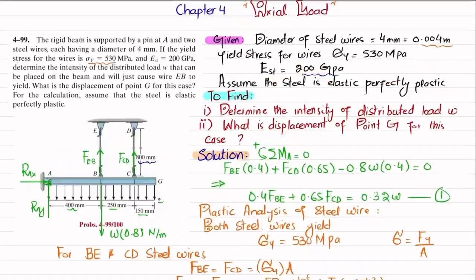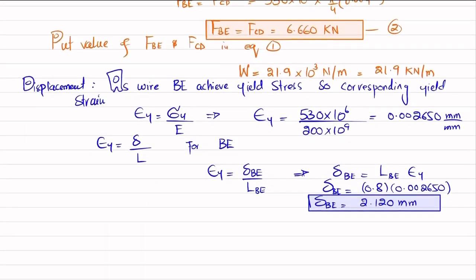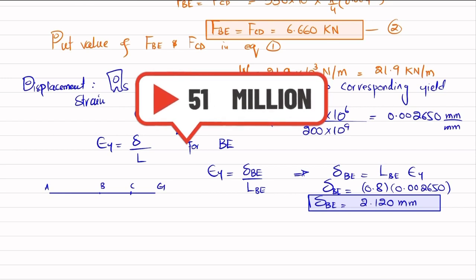Now we have these values. So again you can see that initially this beam was like this, clear, and due to the loading, this is your point A, this is your point, let's say B, this was your point C, and this is your point G. So due to the loading, the beam will go like this.